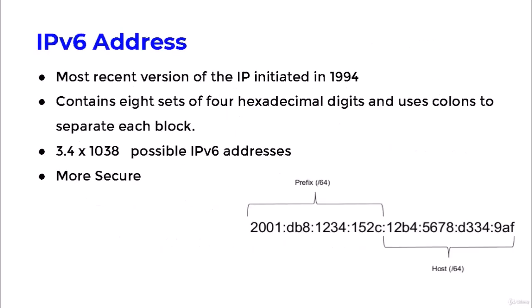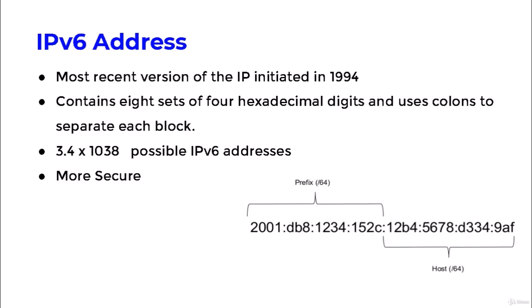Now, what is an IPv6 address? Version 6 of IP address is the most recent version, which was initiated in 1994. It contains 8 sets of 4 hexadecimal digits and uses colons to separate each block.